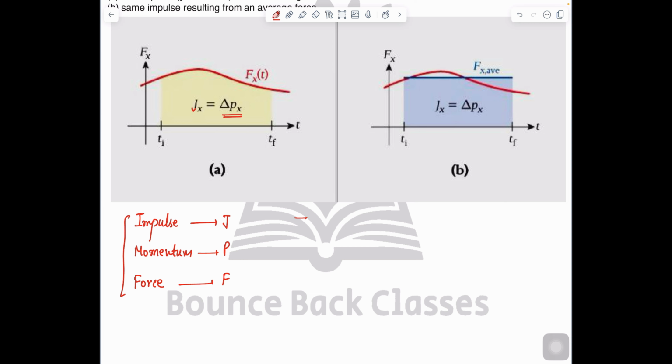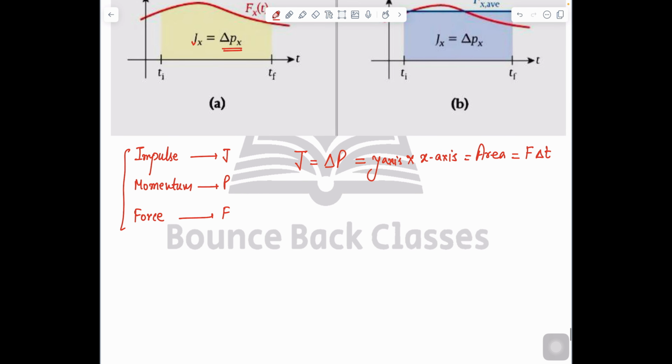J, which is the impulse, is equal to delta P, and as per this graph, y-axis multiplied by x-axis gives you the area under the graph, which is equal to F delta T. So J is equal to delta P, the change in momentum, which is equal to m(v final minus v initial), because it is changed, delta, which is equal to F delta T.